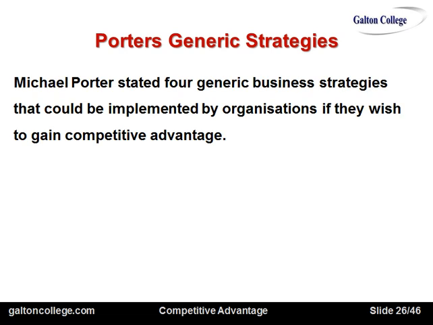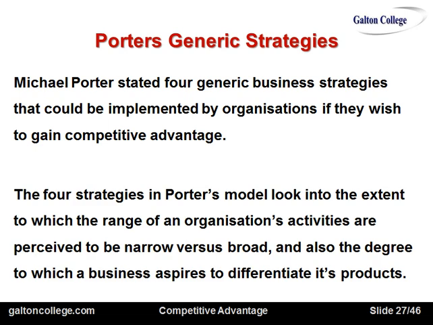He stated 4 generic business strategies that could be implemented by organizations if they wish to gain competitive advantage. The 4 strategies in Porter's model look into the extent to which the range of an organization's activities are perceived to be narrow versus broad, and also the degree to which a business aspires to differentiate its products.